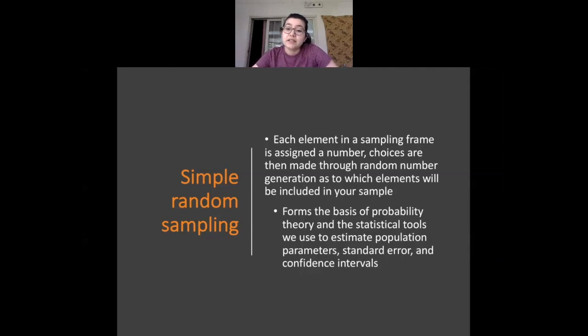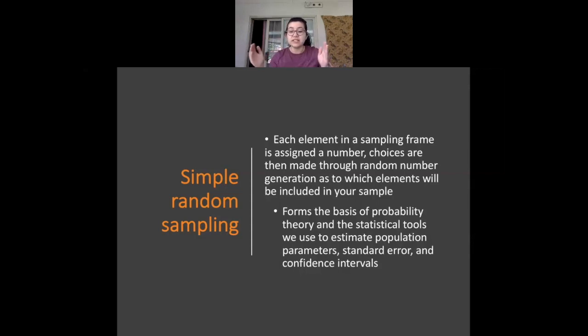So the first is the simple random sample. If I wanted to make generalizations about Rutgers students, and I had a whole list of students that currently go to Rutgers, and then I assigned a random number to each of them, and I used a random number generator and asked it to give me 75% of the population, then that would be simple random sampling.